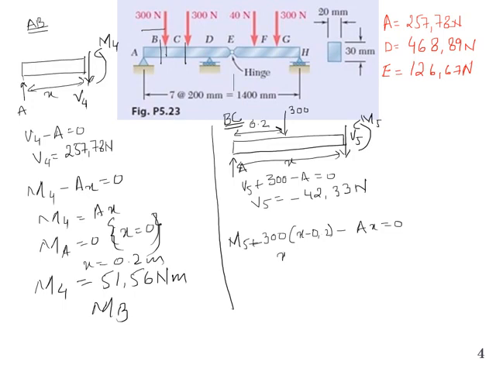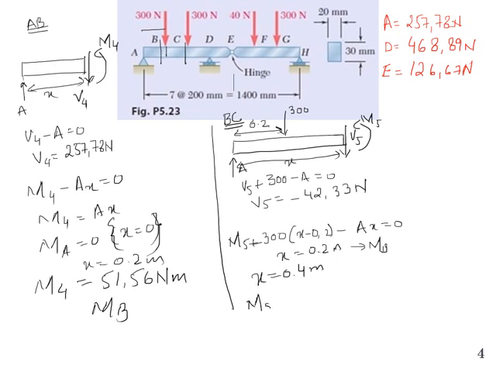Now if I put x equal to 0.2 meter, we come to point B, and that moment will be equal to M4, so that will be equal to the moment at B. But if we want to calculate at C, we have to put x equal to 0.4 meter in this expression.